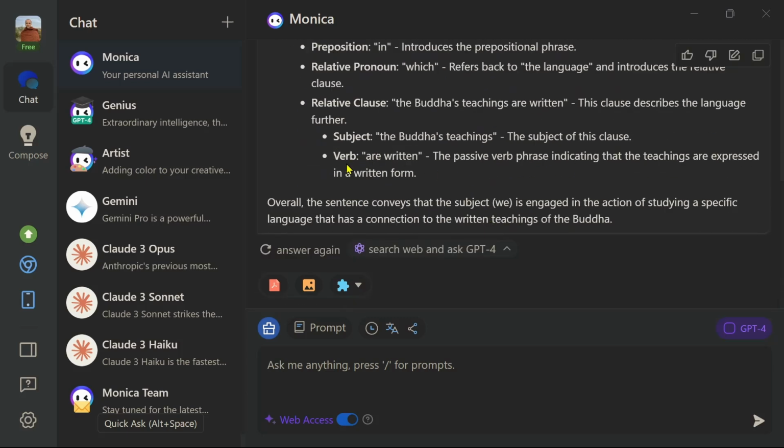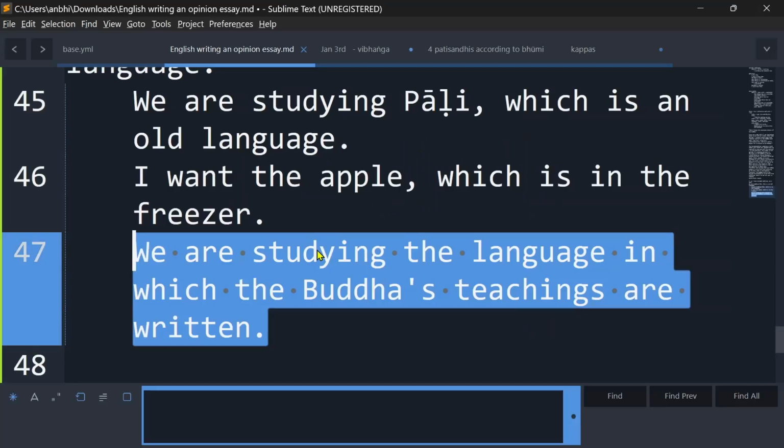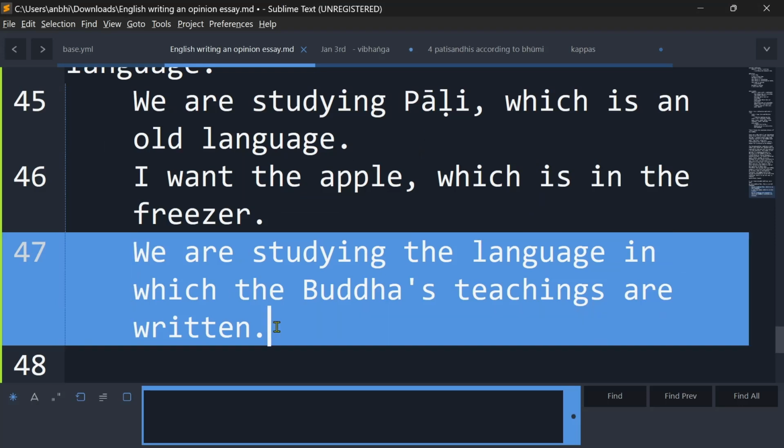The subject is the Buddha's teachings. The verb is "are written," in the passive form. Okay, nice. Yes, it wasn't so difficult. Did you understand? In which the Buddha's teachings are written.